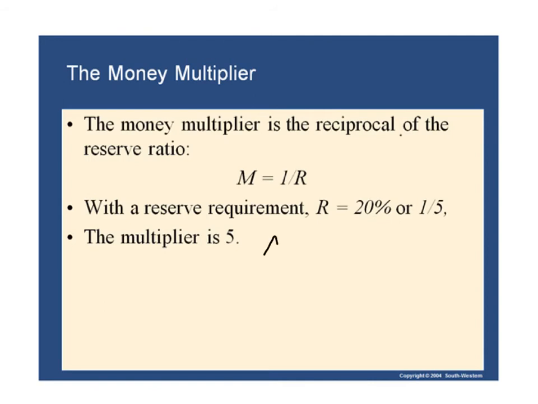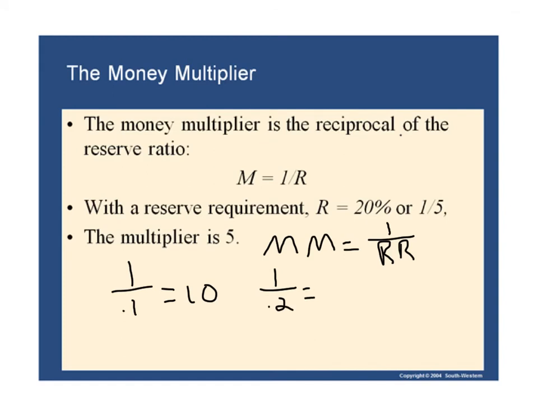We said that the money multiplier is equal to 1 divided by the reserve ratio. So if the reserve ratio was 10%, the money multiplier would be 1 over 0.1, or 10. If the reserve ratio were 20%, the money multiplier would be 1 over 0.2, or 5.